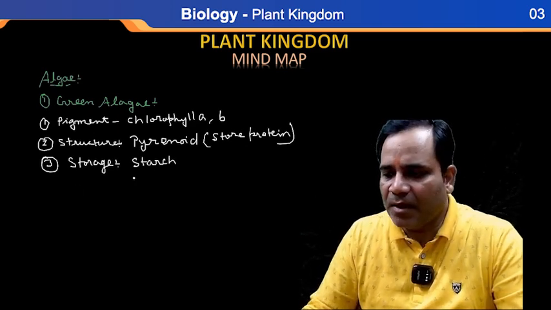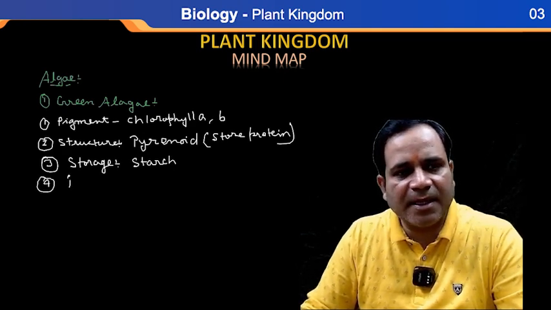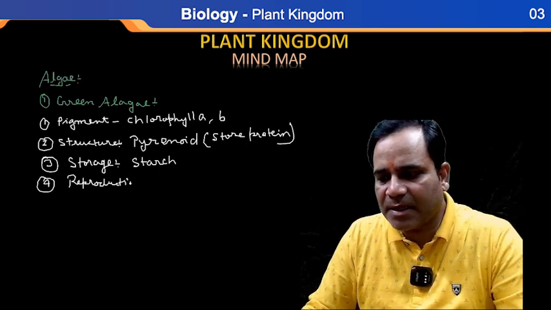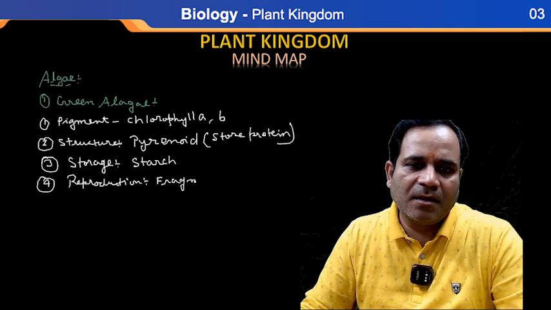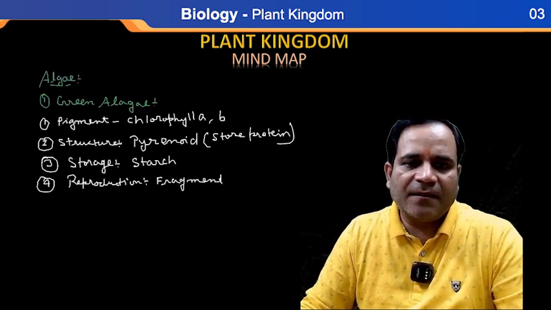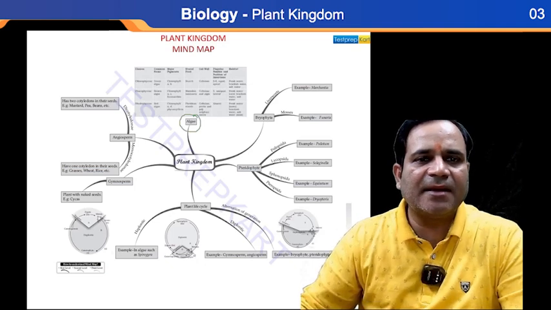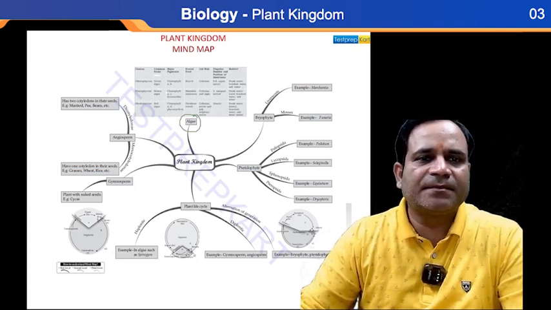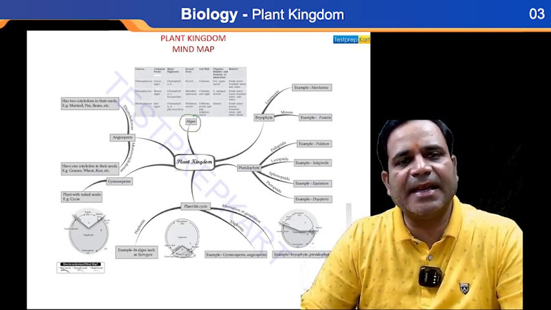Correct? Now, if anybody asks you about the reproduction, then what do you say? About the reproduction, my dear? Yes, here the reproduction is with the help of fragmentation. What I'm writing here? Fragmentation. So see here in chlorophyceae, which is known as green algae, my dear.